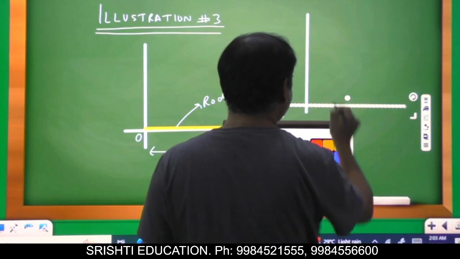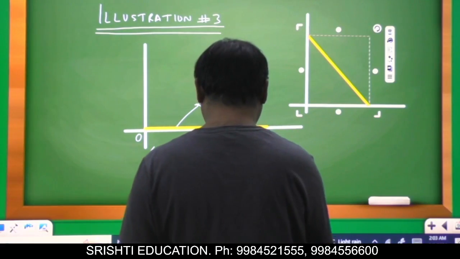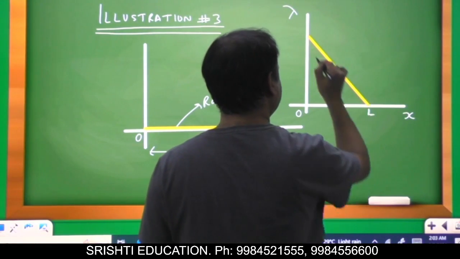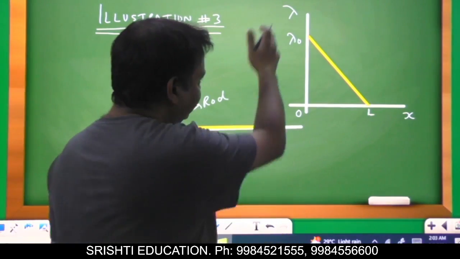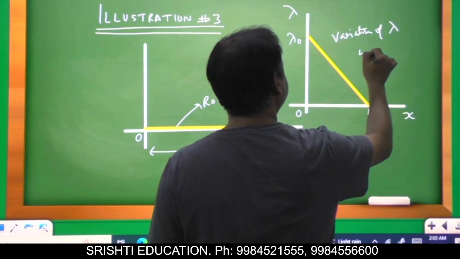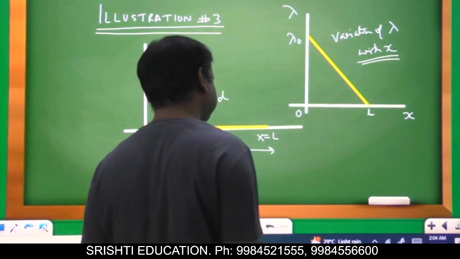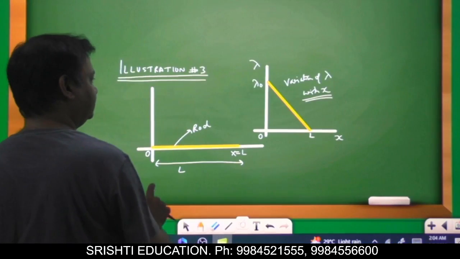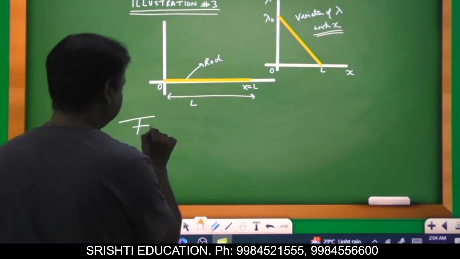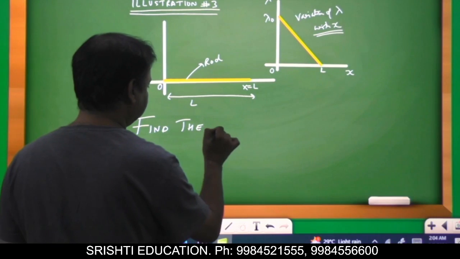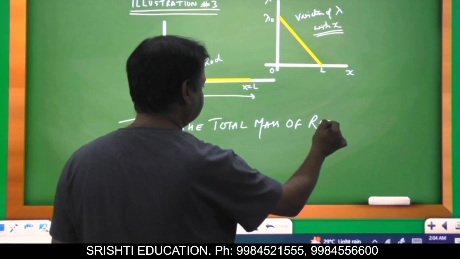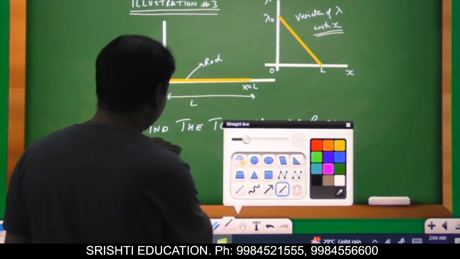So you are given the variation of lambda on the rod by this graph. This is the graph of lambda, and this is x, and this is L, and this is lambda naught. So this is the variation of lambda with length, or x. And the problem says find the total mass of the rod.